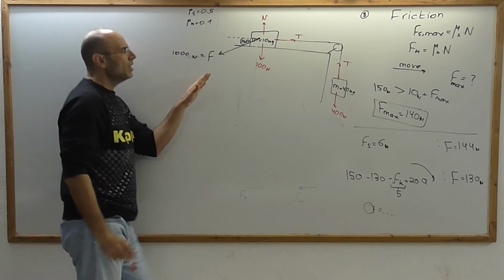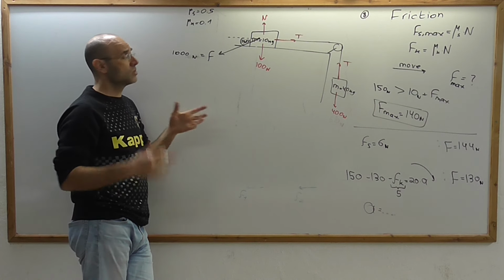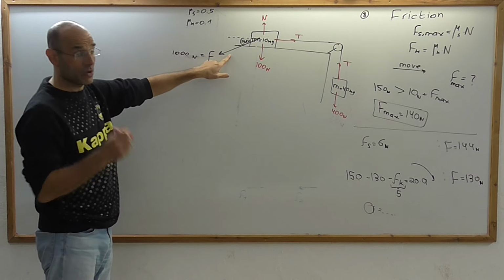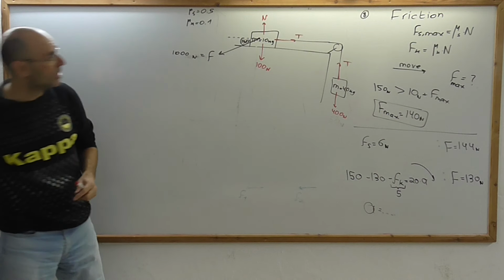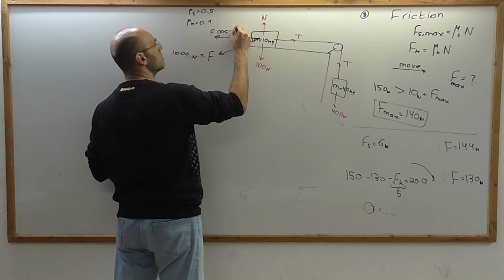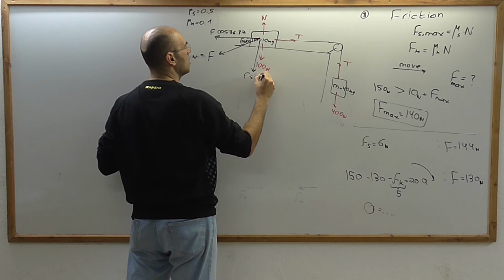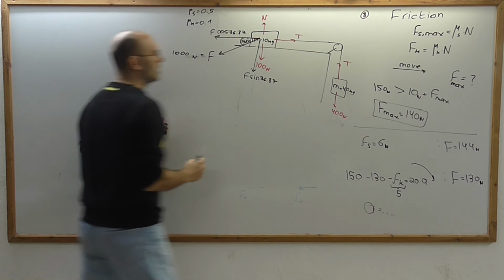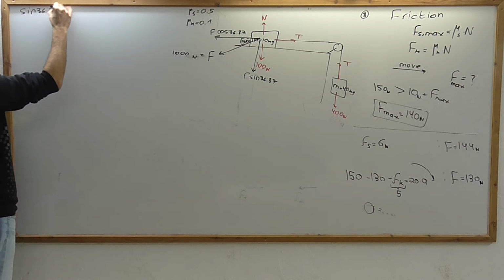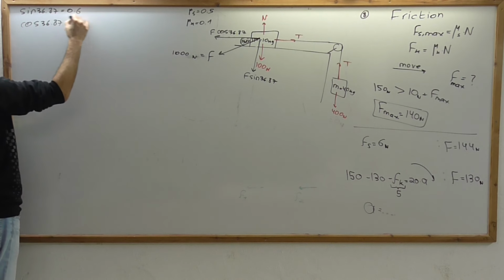So, first of all, I don't know which way this system wants to go because I don't know the forces. I need to break this force into its components. So, let's break it. This one will be F cosine 36.87 and this one will be F sine 36.87. Now, a little knowledge from us. Sine 36.87 is 0.6, cosine 36.87 is 0.8.